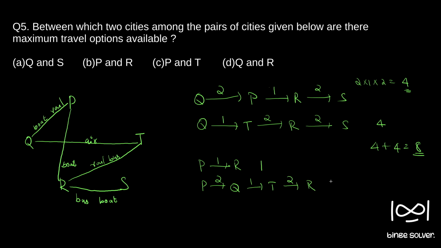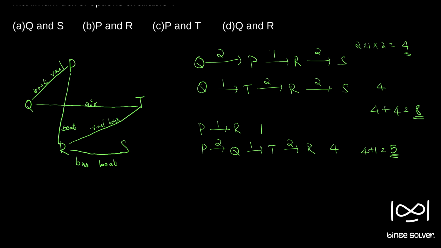So 2 into 1 into 2, 4. So total 4 plus 1, 5 combinations. And similarly P to T, if you take P to Q and Q to T, 1. So total 2 combinations.